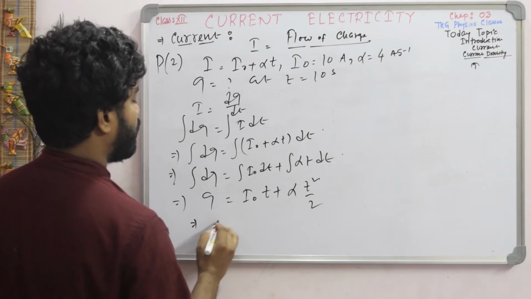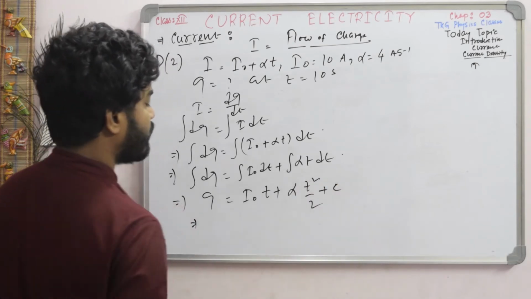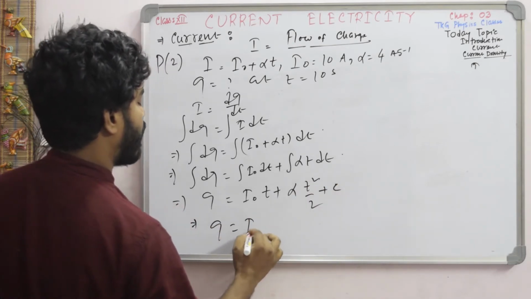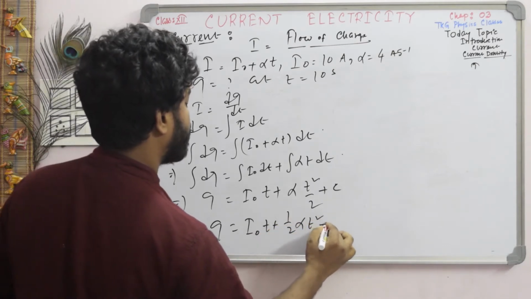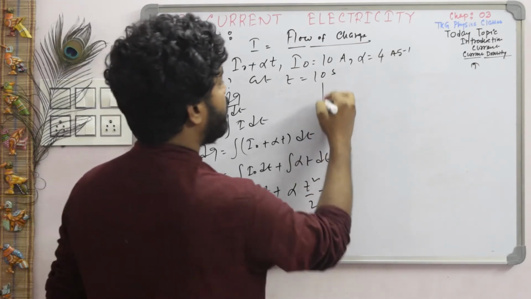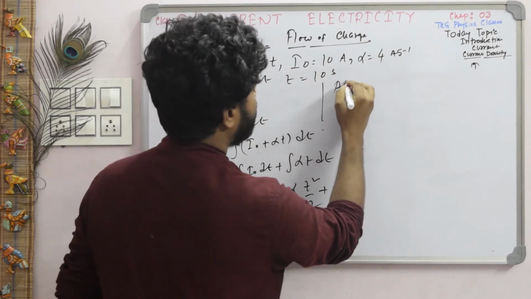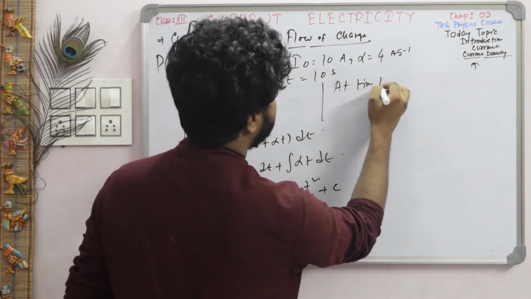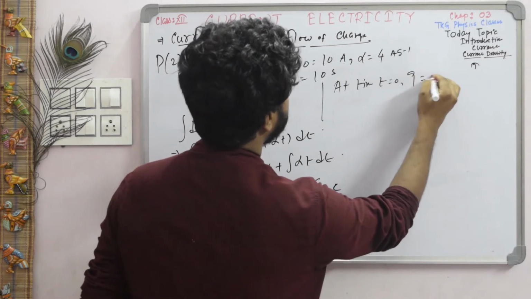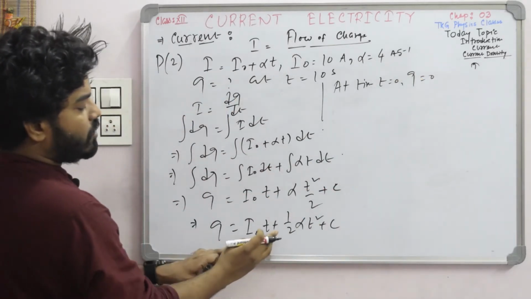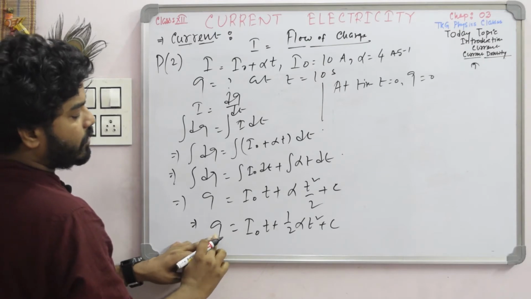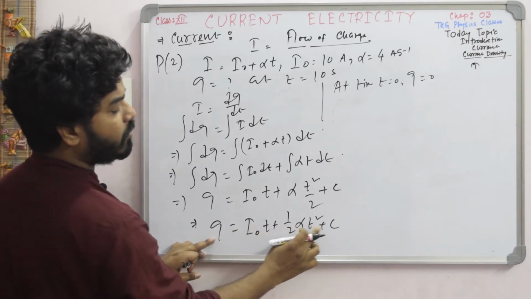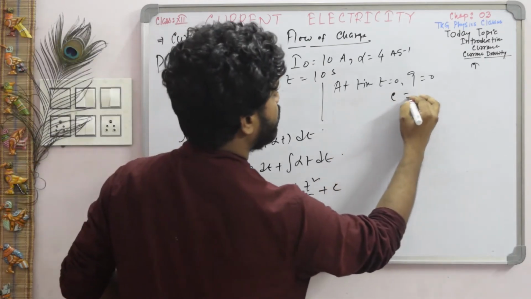There is an integration constant c. So the q value is I naught t plus half alpha t square plus c. For finding c, consider the initial value: at time t equals 0, q equals 0. Then the formula becomes 0 equals 0 plus c, so c equals 0.